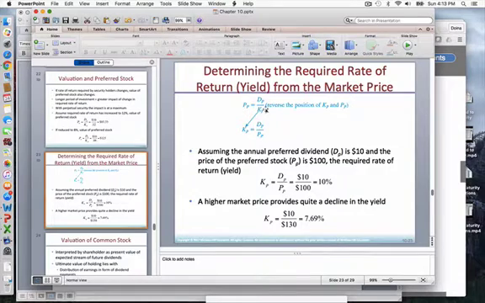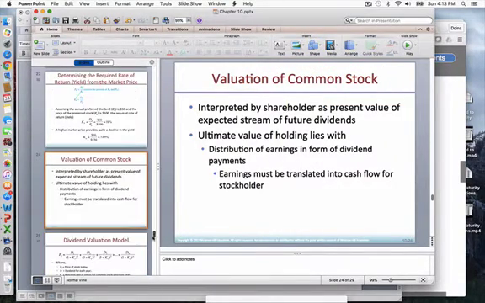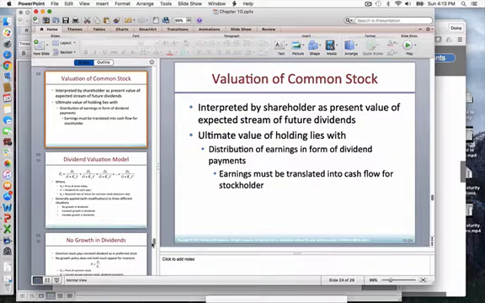For the common stocks, now we are going to move into the discussion of valuation of common stock. Common stockholders can have different types of dividend payments. They have voting rights. They can grow their dividends if the company grows.